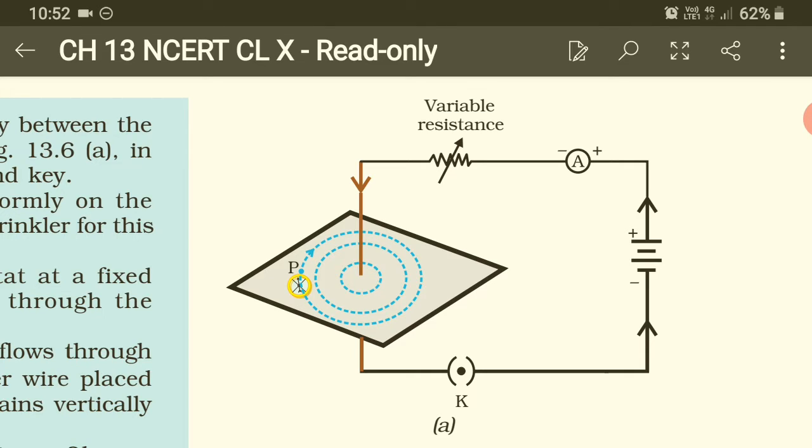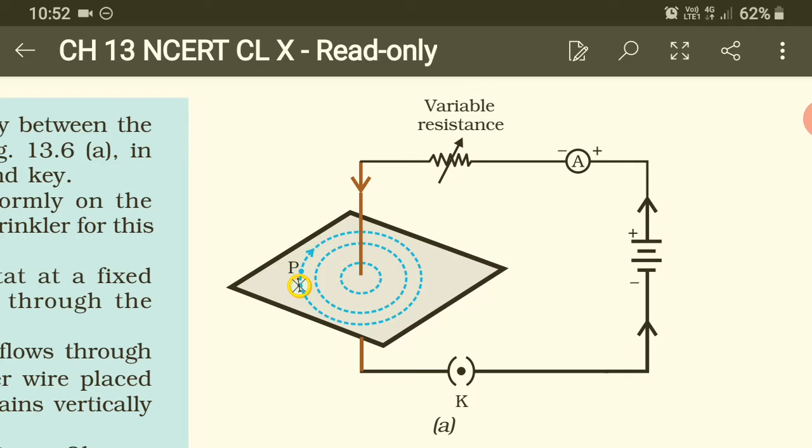Now the third factor is, if I change the direction of current, what will happen? Yes, we have learned in a previous activity that if we change the direction of current, the direction of the magnetic field lines will also change.